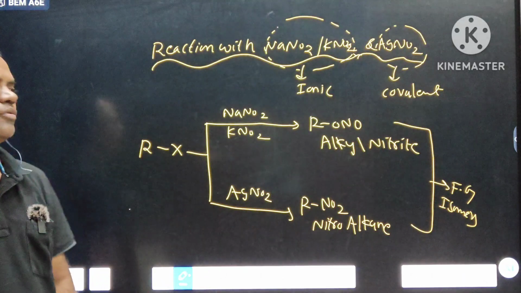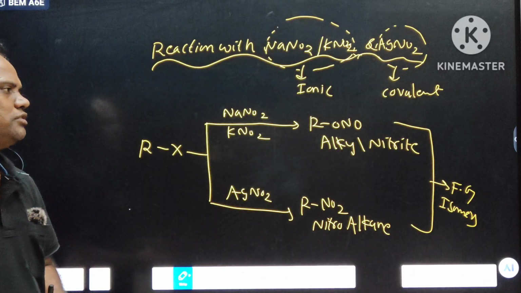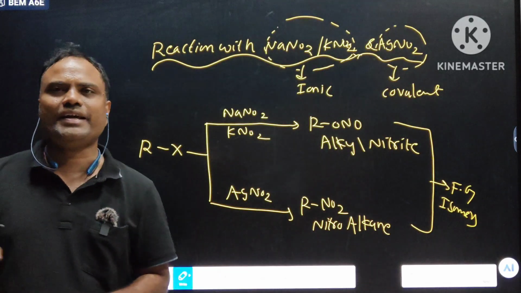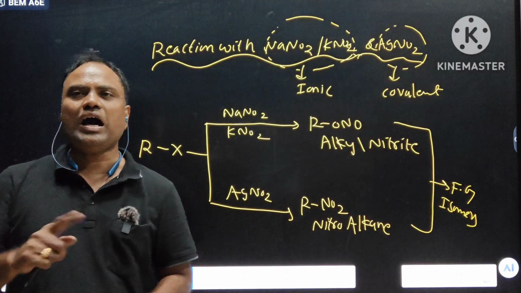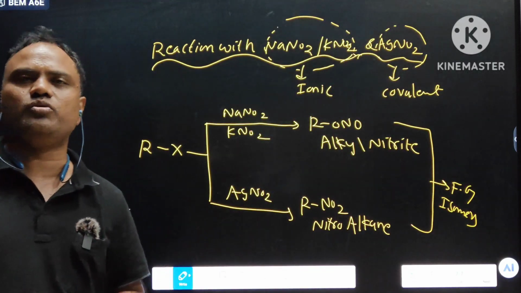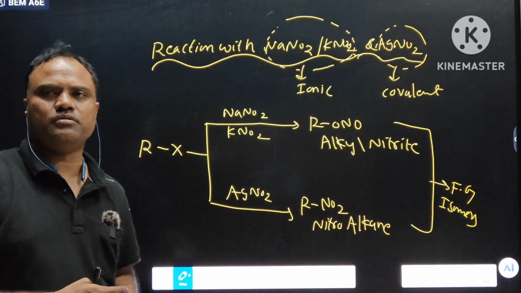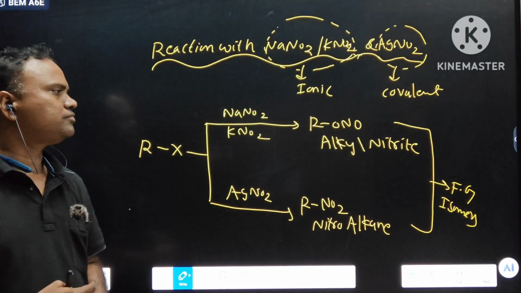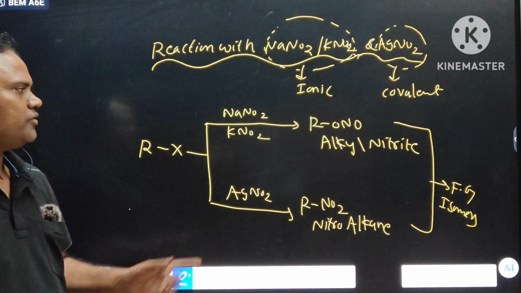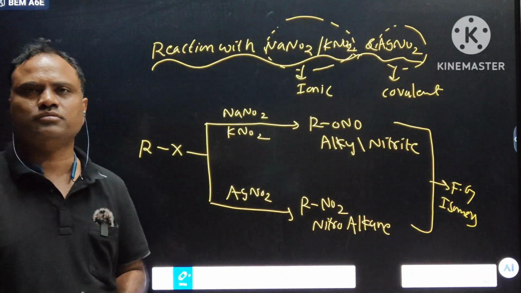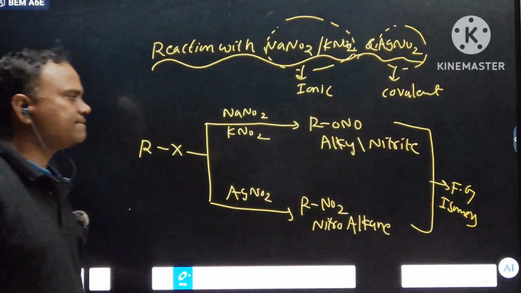Like that, questions also you will get. Both are functional group isomers. With NaCN and KCN, cyanide is formed. With AgCN, isocyanide. So RCN, RNC are functional group isomers. Previously also we can write the relation there. Clear? Have you copied? Completed? Right.